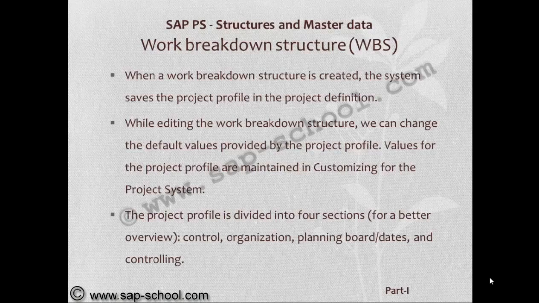Values for the project profile are maintained in the customizing for the project system. Whatever values we have customized in the project profile, those are defaulted into the work breakdown structure and can be edited while editing it. The project profile is divided into 4 sections: control, organization, planning and controlling.